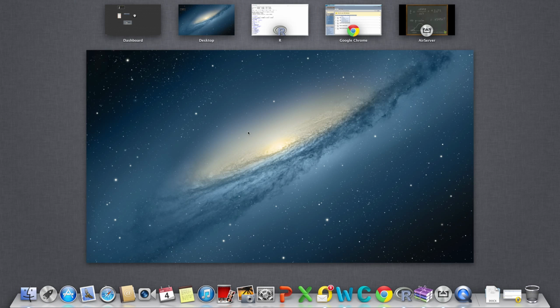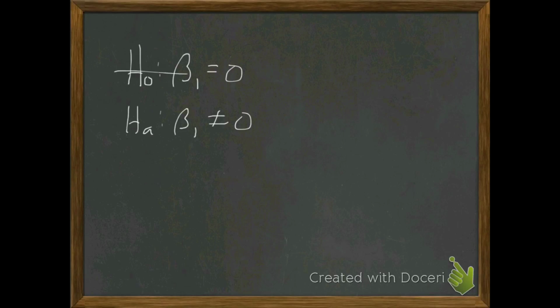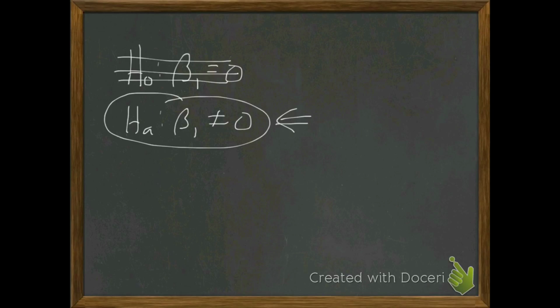All right, guys, so clearly we reject the null, so we have evidence to support the alternative. That evidence from our sample is more supportive of this statement than the null.